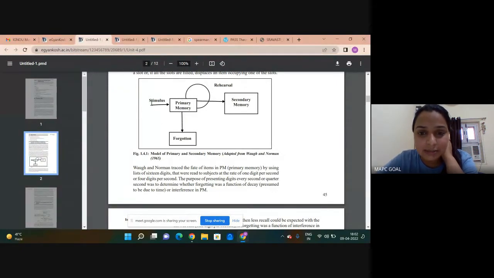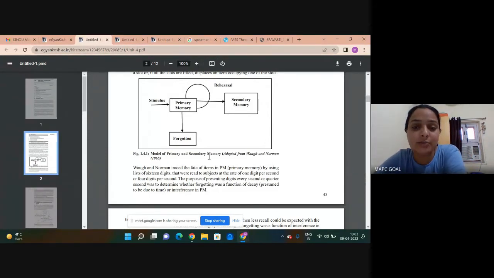So here is the stimulus. To store information from short-term to long-term memory, or from primary memory to secondary memory, we need a stimulus, right? Right now, if you are viewing this PDF, it is a stimulus for you, and your sensory memory is working here. Then if you rehearse, if you feel that yes, I need to store this information, or I need to memorize it, let's take the example of this PDF only.